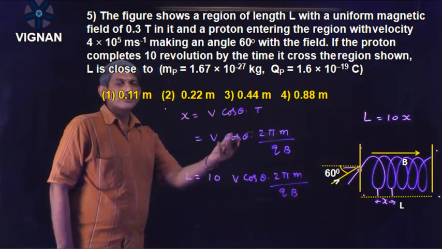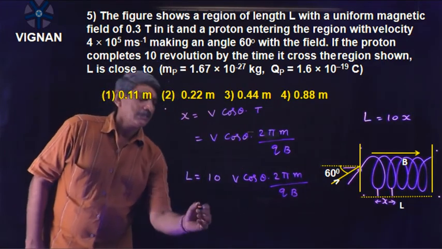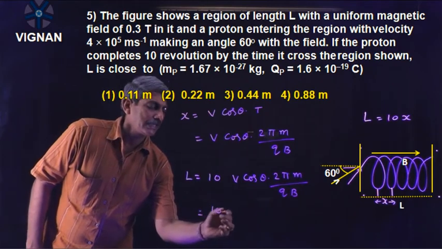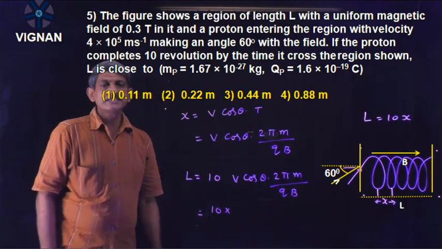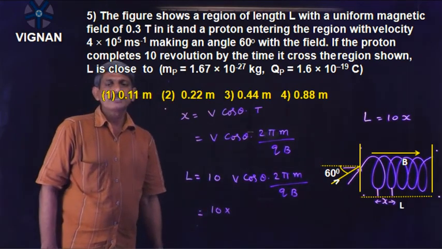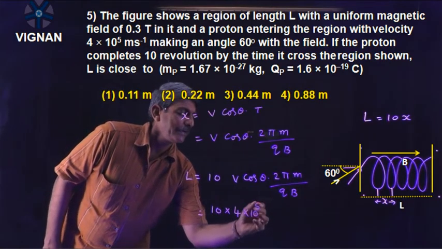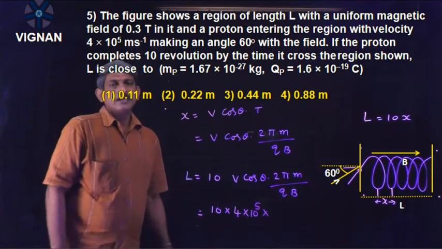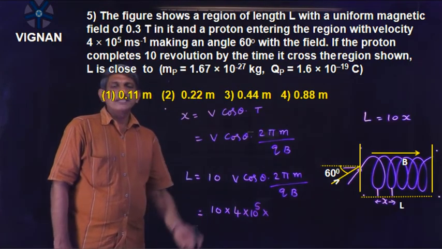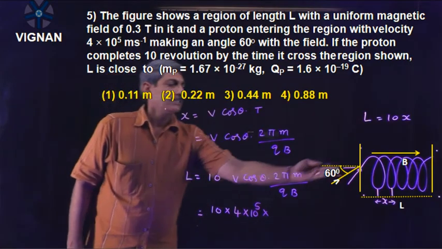Now substitute the data given in the problem. This is equal to 10 into v, the velocity of the particle, which is given as 4 into 10 to the power of 5 meters per second, into cos theta. In that problem, theta is given as 60 degrees.